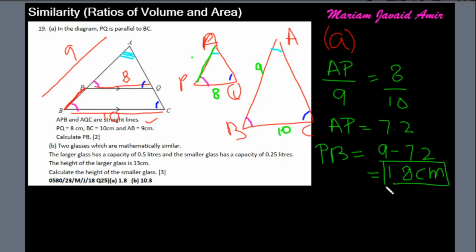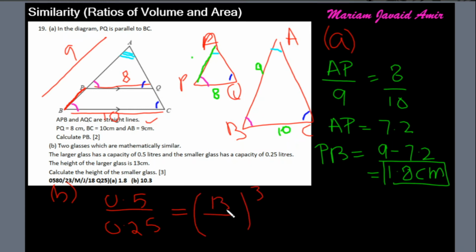Okay. Part B. Two glasses which are mathematically similar. The larger glass has a capacity of 0.5 liters and the smaller glass has a capacity of 0.25 liters. So V1 over V2 equals L1 over L2 whole cube. Height of the larger glass is 13, so L1 is 13.